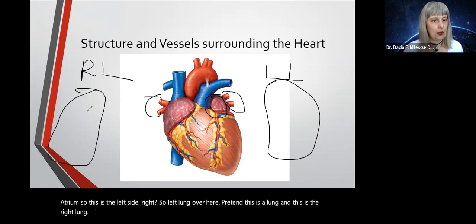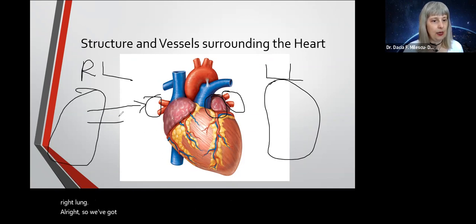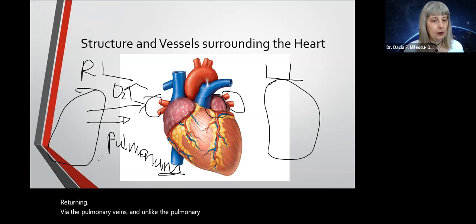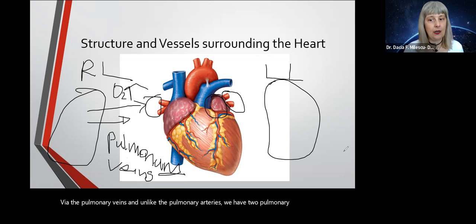All right. So we've got oxygenated blood returning via the pulmonary veins. And unlike the pulmonary arteries, we have two pulmonary veins from the right lung and two pulmonary veins from the left lung.